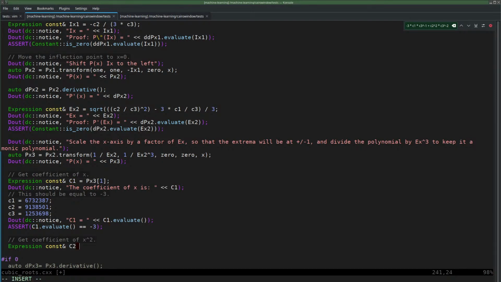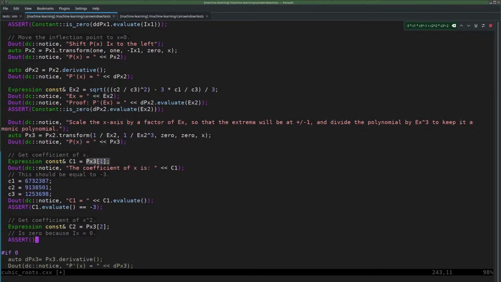And let's call this one C2. Assert that it is totally 0. Is 0 because, yeah, Ix is 0. I mean, we moved the thing. But let's check it anyway.